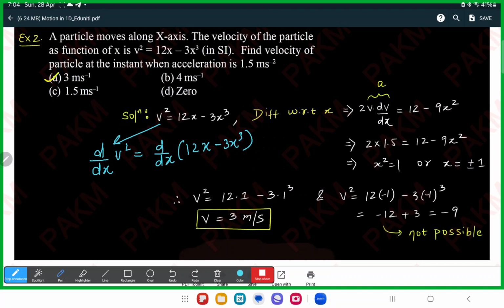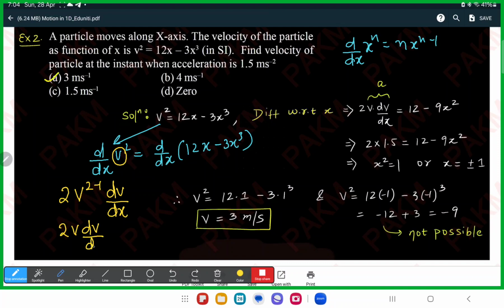Now d by dx of v square, since v is a function of x, here we will apply the basic formula d by dx of x to the power n is n x to the power n minus 1. Just consider this v as x, so we apply 2v to the power 2 minus 1, and since it is not x, dv over dx will come. So this is what is written: 2v dv over dx. This step is important, and if you have any confusion you can text.